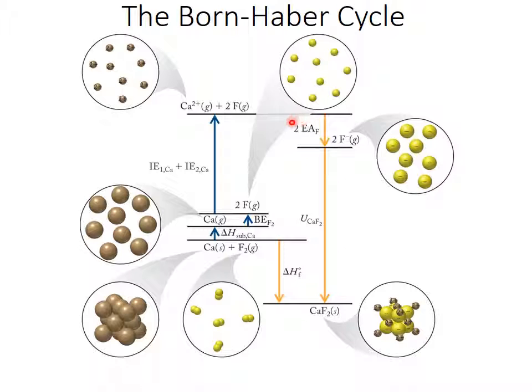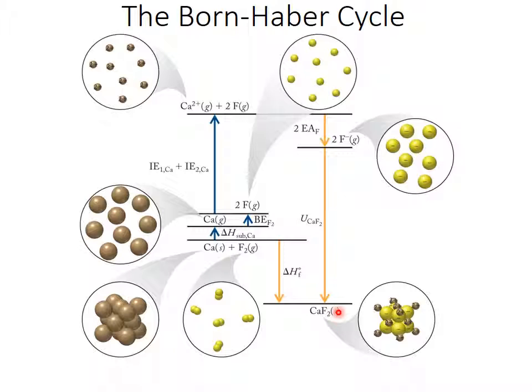This is going to release 2 equivalents of the electron affinity of fluorine. Remember, electron affinities are negative because adding electrons to atoms is a favorable process. Electrons like being close to atoms. The last step, now that we have both of our ions, is they're going to come together into calcium fluoride, the salt. This is going to release quite a lot of energy.